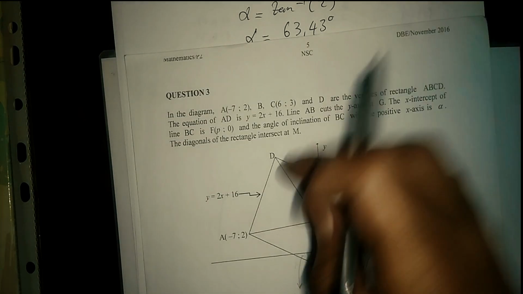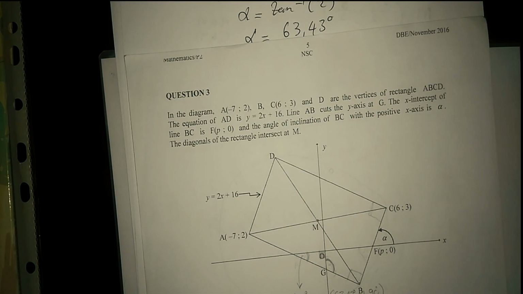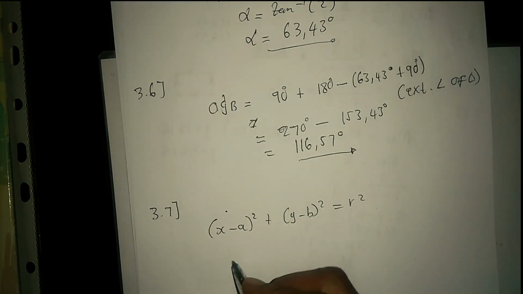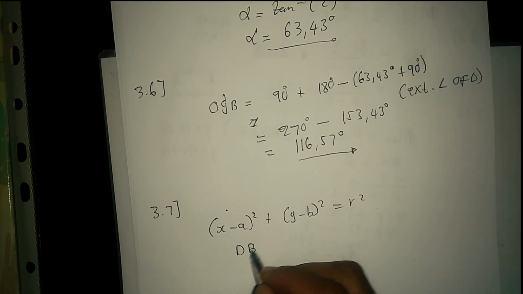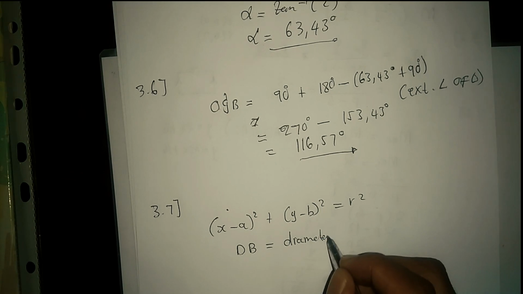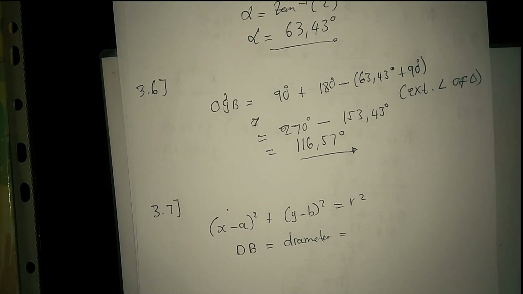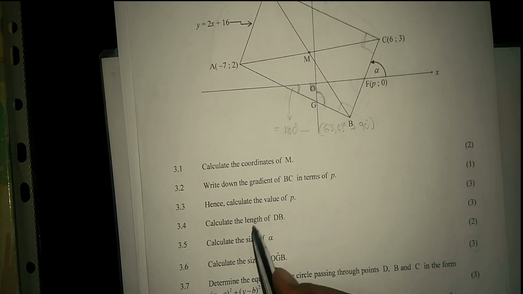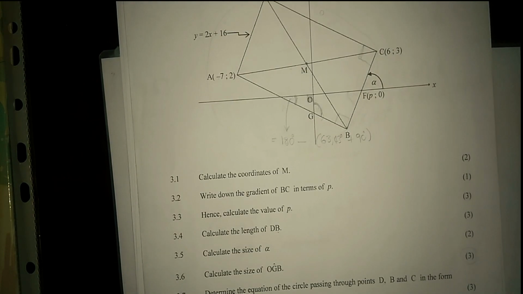We can see from the sketch that DB is the diameter. So let's calculate the length of DB.